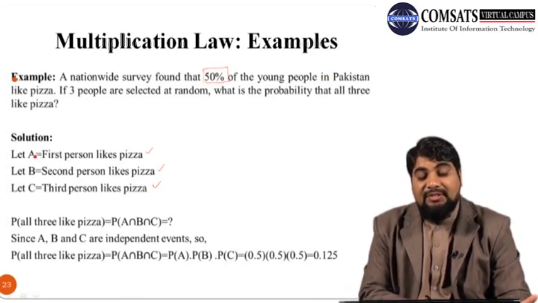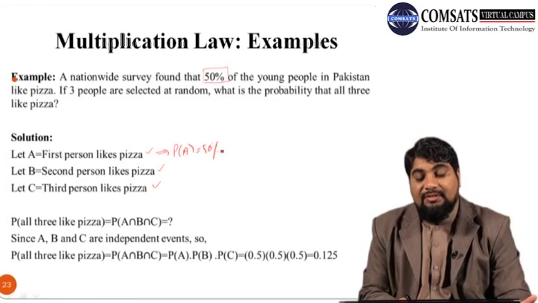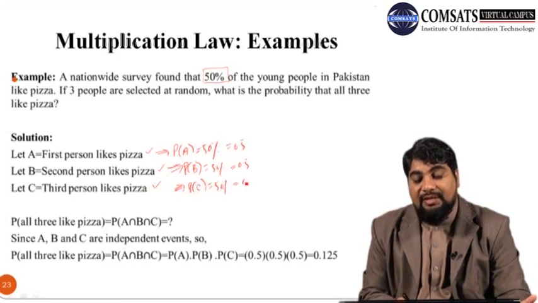So the first person likes pizza, and P of A is 50%, which is 0.5. Similarly, P of B is also 50%, or 0.5. And P of C is also 50%, or 0.5.